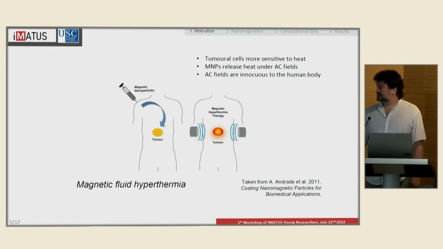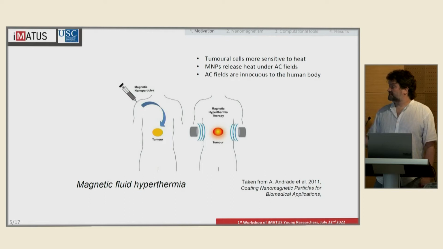So the motivation for this started with magnetic fluid hyperthermia. It was described already yesterday that this is an alternative cancer treatment technique that is based on the fact that tumor cells are more sensitive to a temperature increase than normal ones. And since the particles release energy when you apply an AC field, you could think, okay, let's deliver the particles to the tumor area, because we can apply an external field that we know is safe for the body and try to hit the local area without secondary effects.